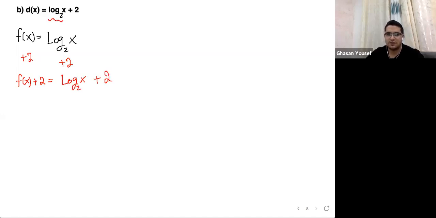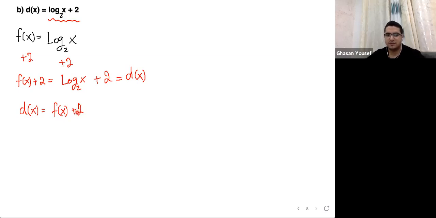So the same idea, d of x equals the function f of x plus 2. This tells me if I want to graph the function d of x, I have to graph the original function f of x, the logarithm. Then I have to add 2.